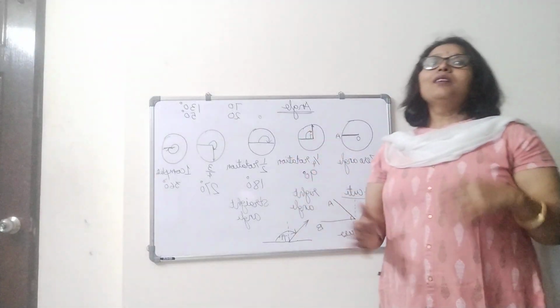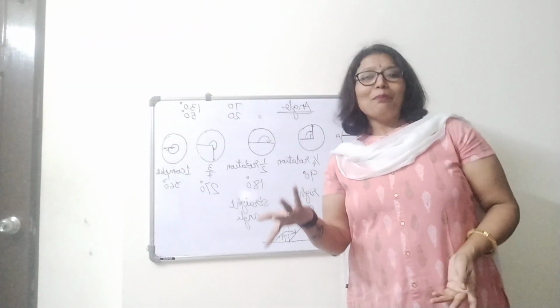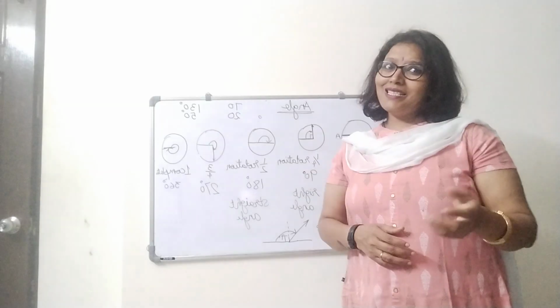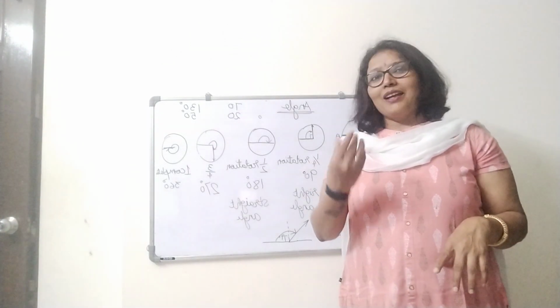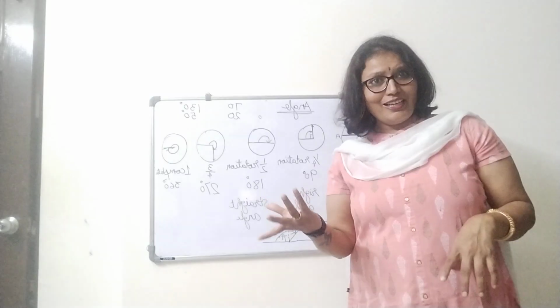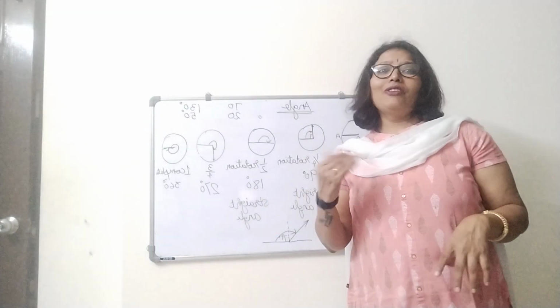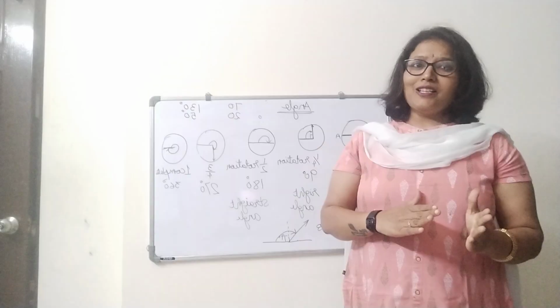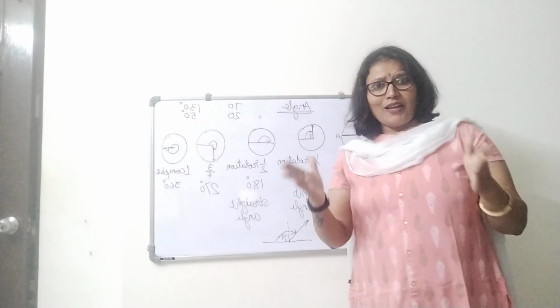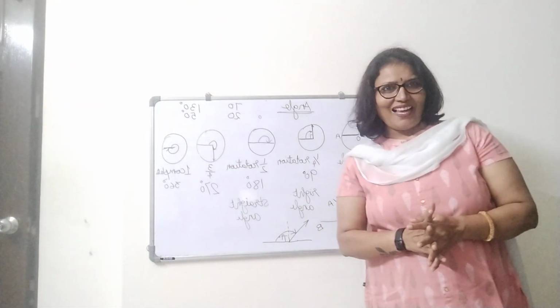Then we also learned complementary and supplementary. Complementary means the two angles whose sum is 90 degrees, and angles whose sum is 180 degrees are supplementary with each other. These types of angle we learned in today's class.